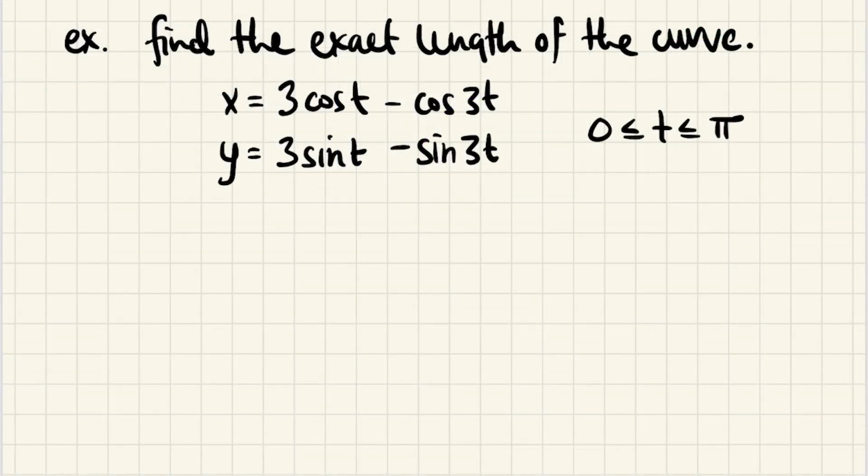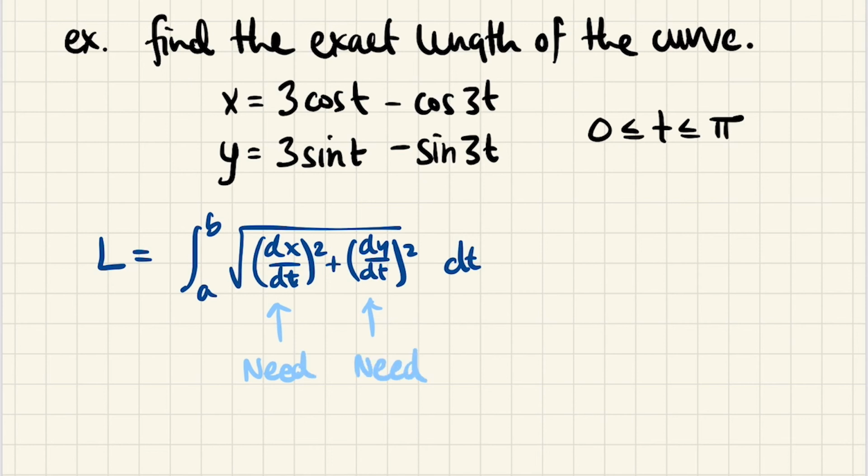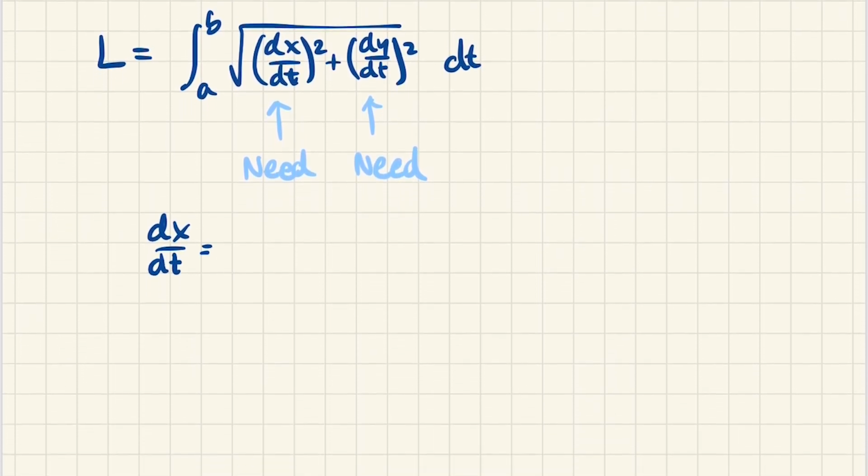Okay, so obviously we're going to use the arc length formula, which for parametric curves looks like this. So we're going to need these pieces. Okay, so dx dt is the derivative of what x was.